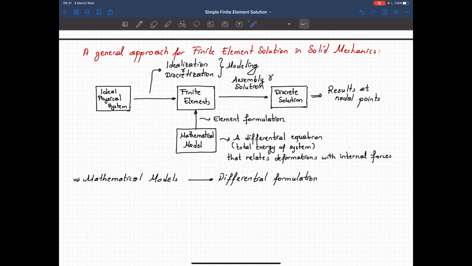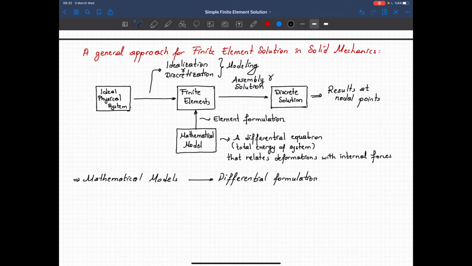If you think about it in a simple beam element, we have axial deformations, bending deformations, and shear deformations. So our next task is to relate these deformations with the corresponding internal forces. Okay, so we will get those differential equations.